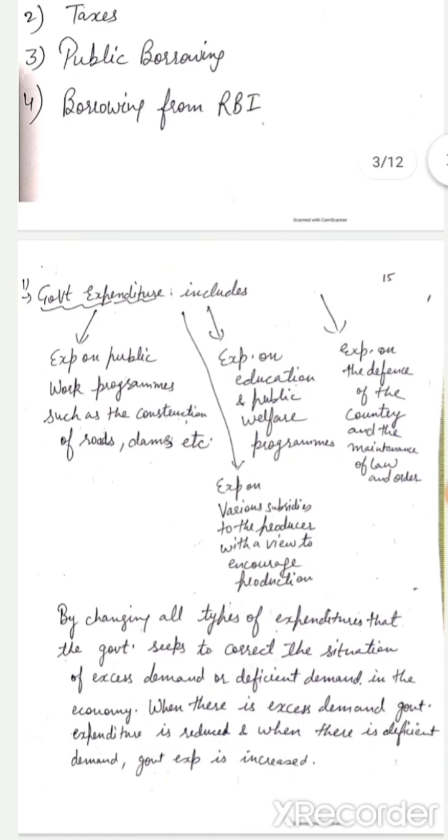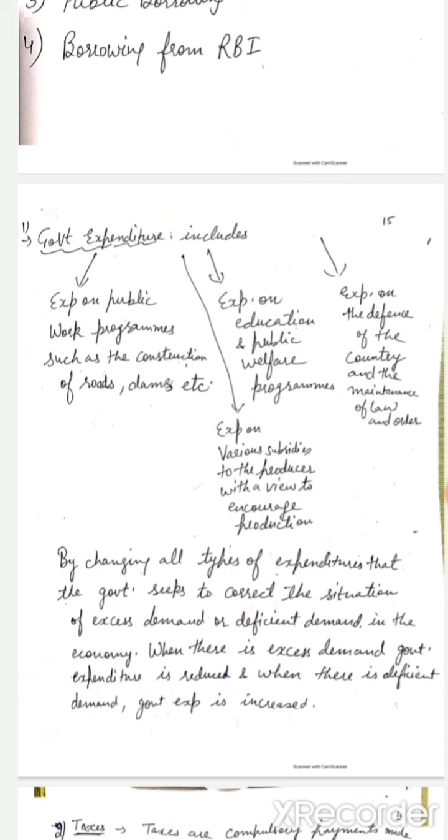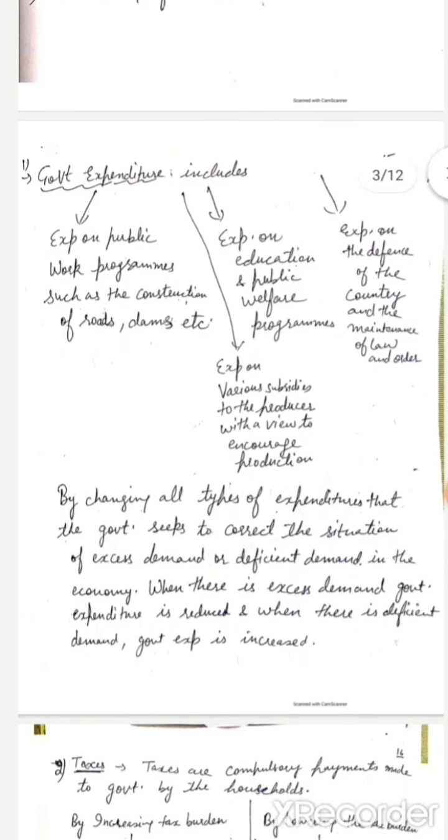First of all, government expenditure. Government expenditure includes expenditure on public work programs such as construction of roads, dams, etc. Expenditure on various subsidies to the producers with a view to encourage production. Expenditure on education and public welfare programs. Expenditure on the defense of the country and the maintenance of law and order.